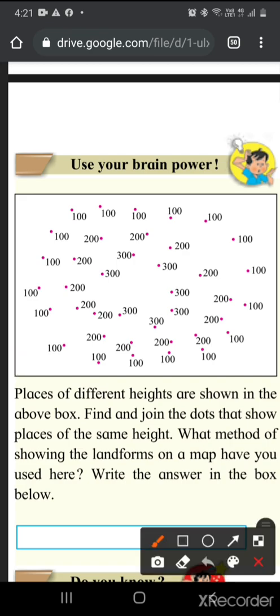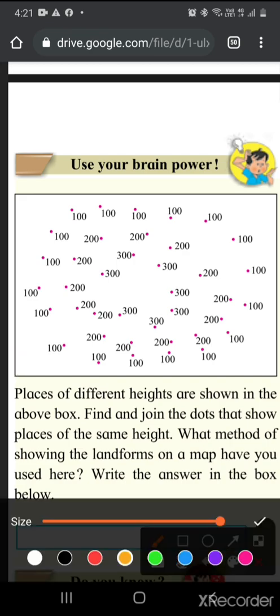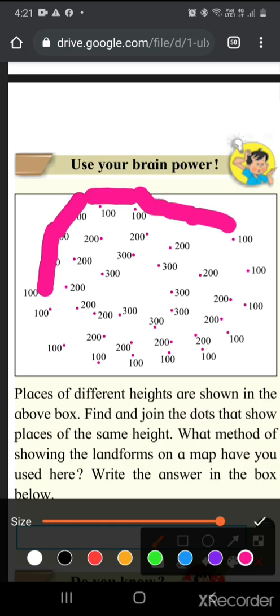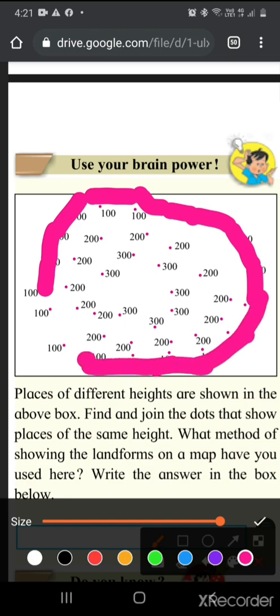Now if we take a pencil and choose one color, and we are trying to join all the 100 dots of 100, that means this place has a height of 100 meters from the sea level.